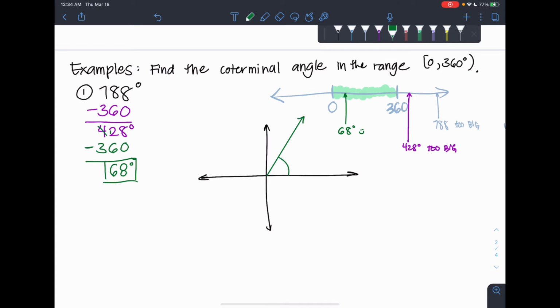So if this angle from 0 up here is 68 degrees, then one full rotation would bring us to 428 degrees.